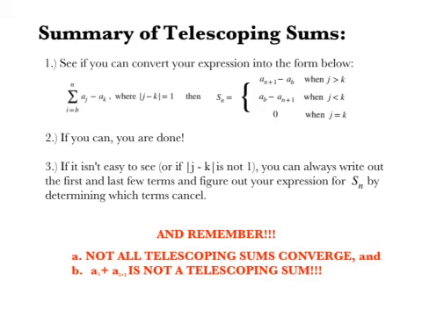What I do want to note, though, is that if it's not easy to see, for example, when j minus k was not 1, when it was 2, for example, you can always write out the first couple terms, or the first couple terms and the last couple terms, to recognize the pattern that's occurring in the cancellation.